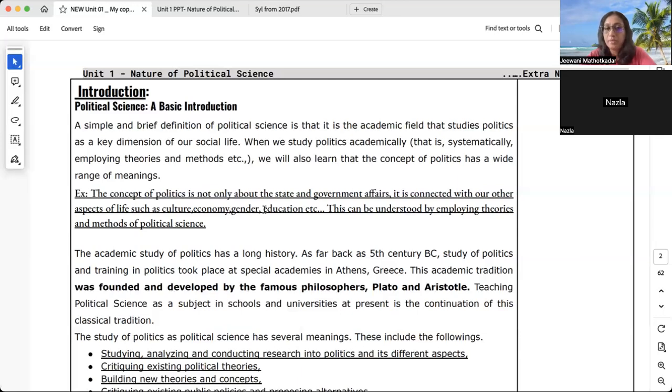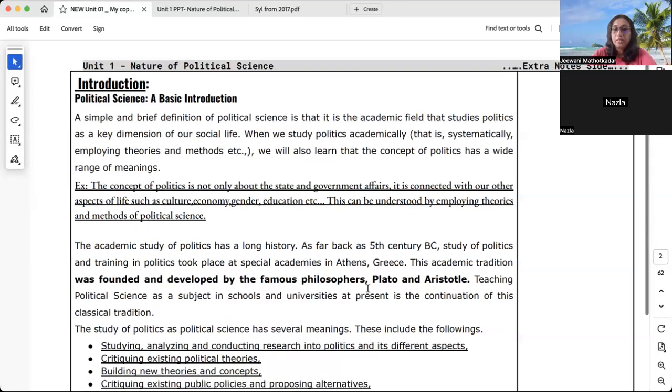Our economy, the direction in which the country's economy is going, is also decided by politics. Certain elements in gender and education can also be affected by politics. These things can be understood by using the theories and methods of political science.